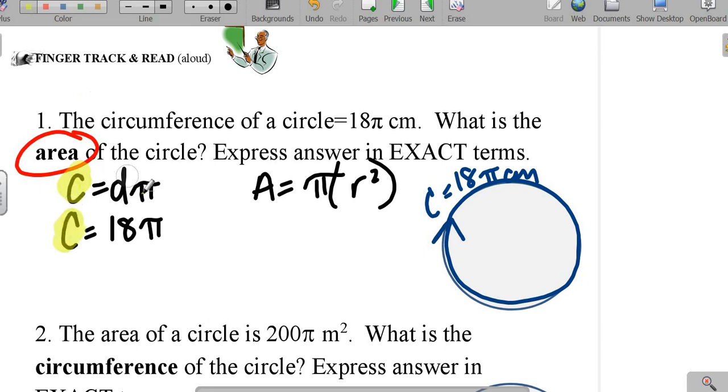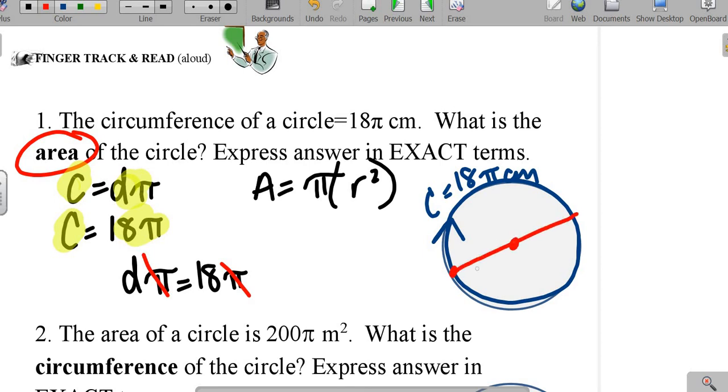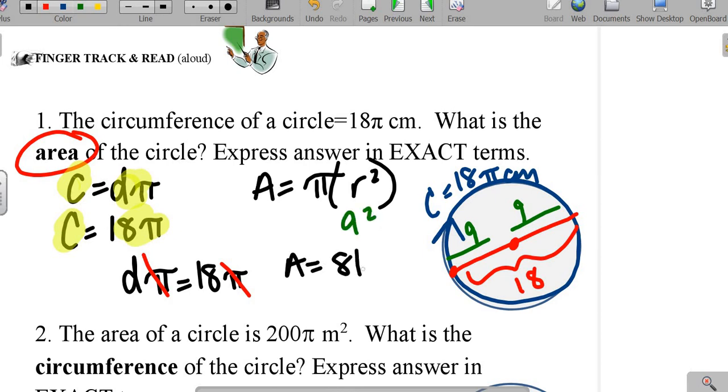Since my C's are equal, these are equal. So I have d pi equals 18 pi. The pi's cancel. I just found my diameter. My diameter is 18, which means my radii individually have to be 9. So I come over here, 9 squared, and my area is going to equal 81 pi, check for units, centimeters squared.